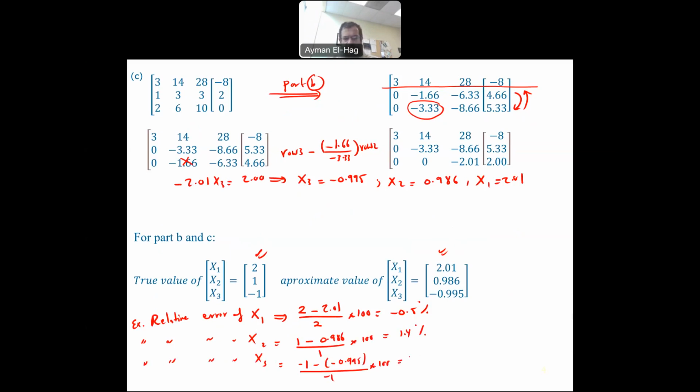And this will give you 4.5%. So this is the percentage error between the approximate values and the exact value. As I mentioned earlier, if I want to reduce this error, all I need to do is increase the number of significant digits.